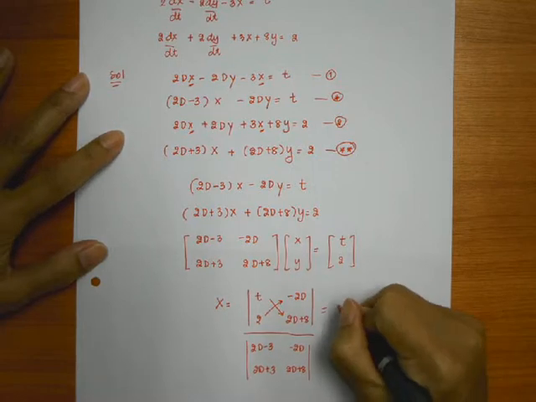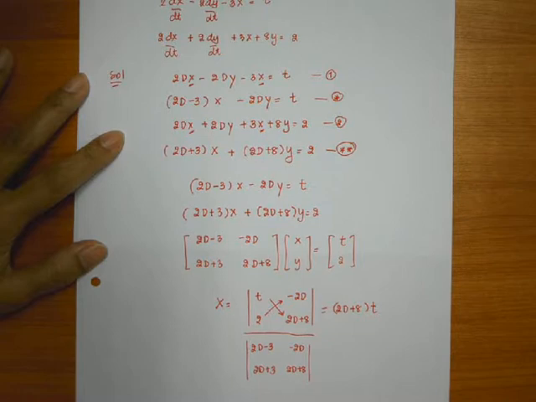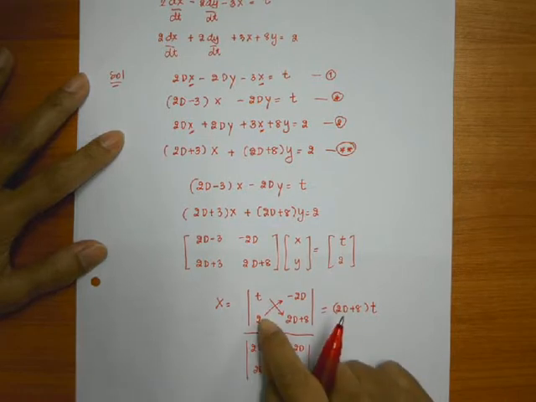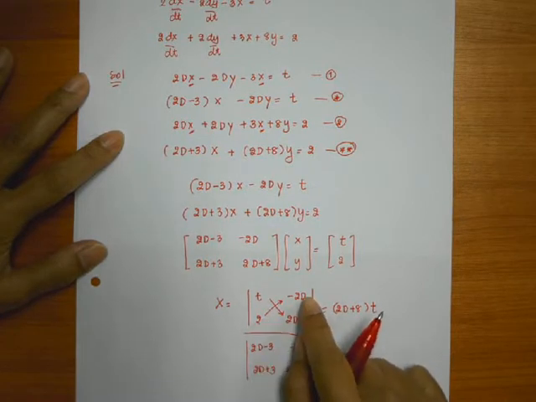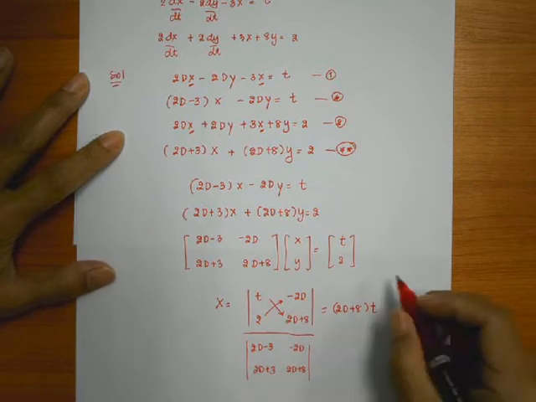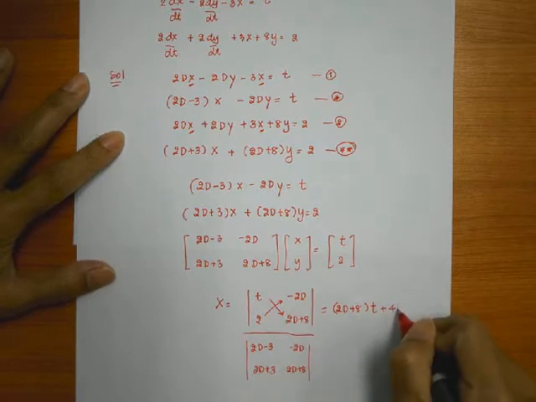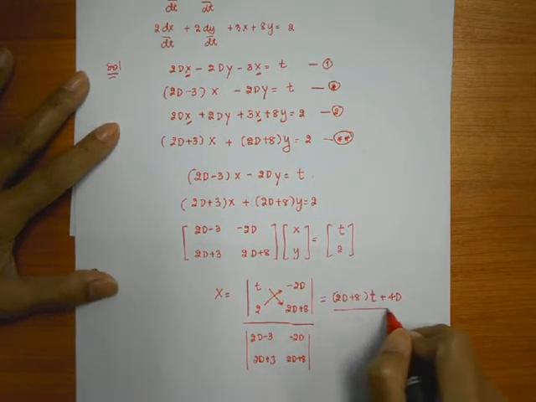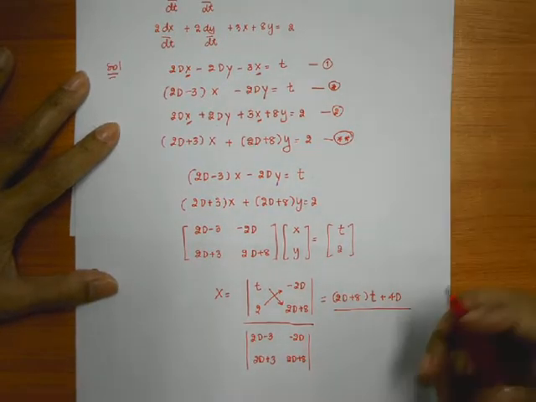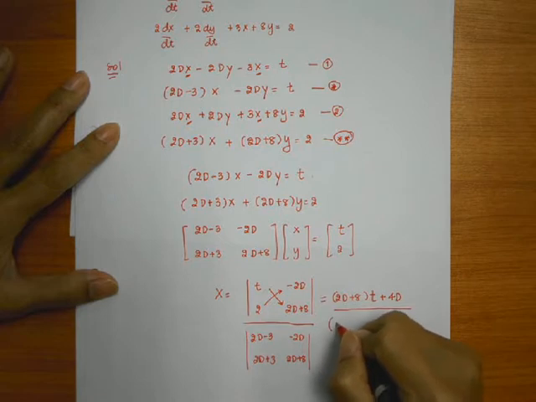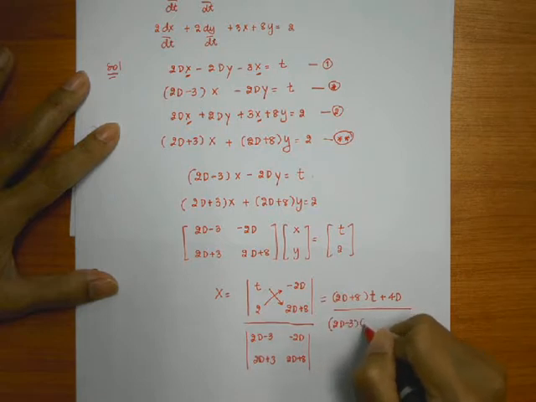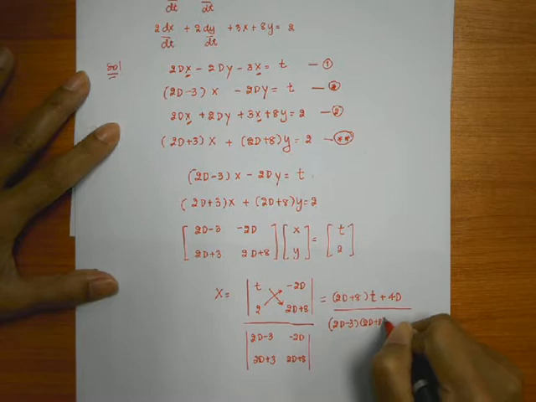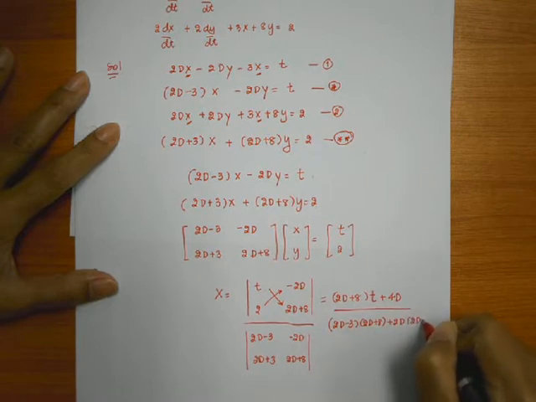So we would get (2D plus 8) times t, and then you times 2 and minus 2D, which is equal to plus 4D. For the denominator, (2D minus 3) times (2D plus 8) plus 2D times (2D plus 3).